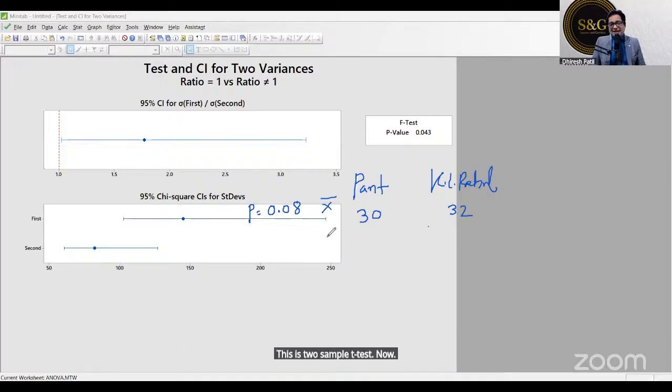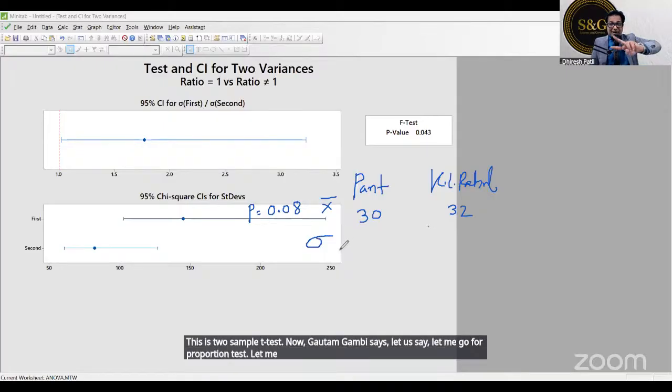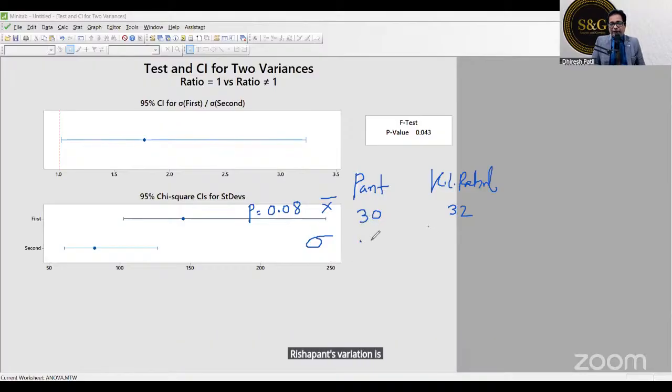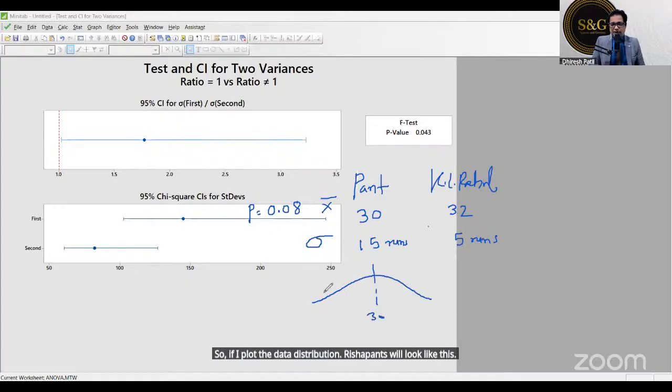Now Gautam Gambhir says, let me go for a test of variances. Let me compare the standard deviation, the variation, against each other. Rishabh Pant's variation is 15 runs and KL Rahul's variation is 5 runs. If I plot the data distribution, Rishabh Pant's average is 30 and the spread of the data is almost 15.